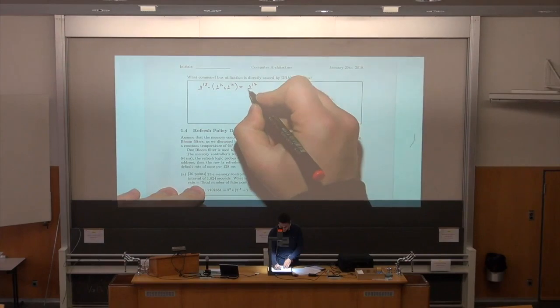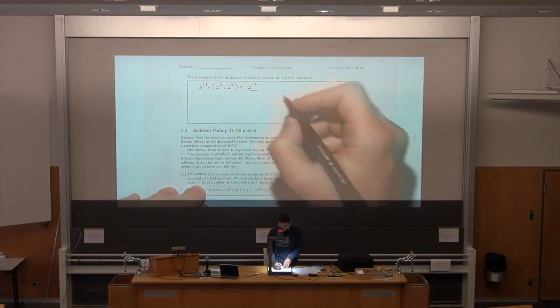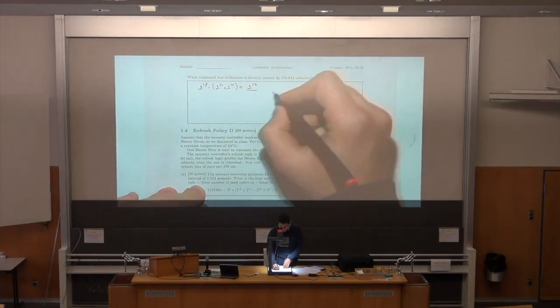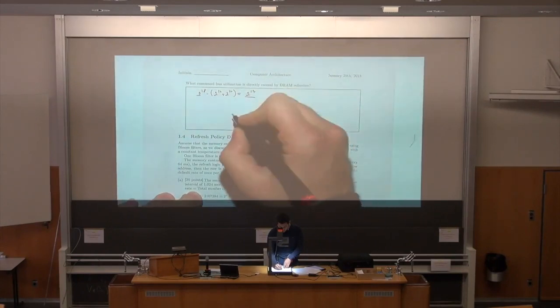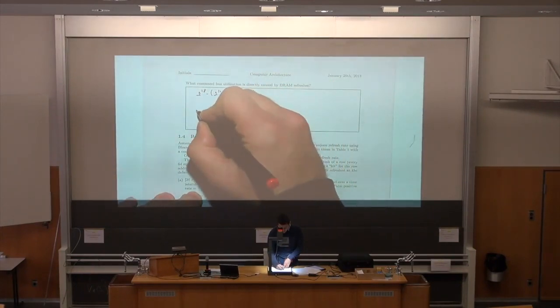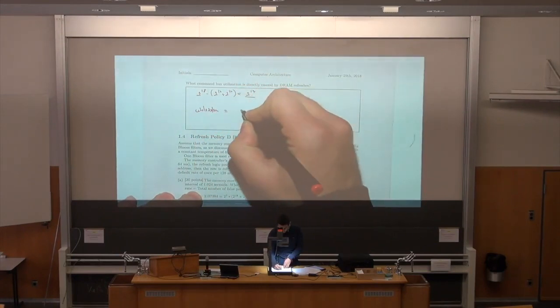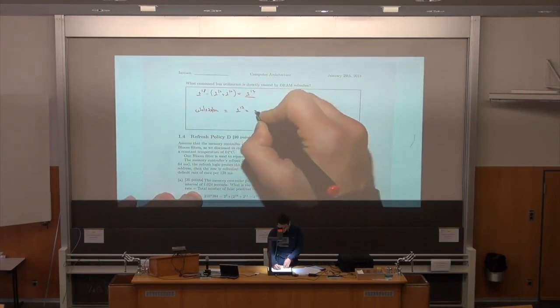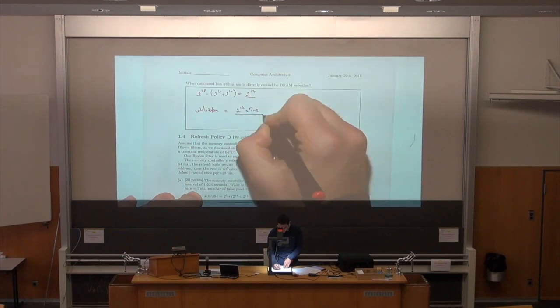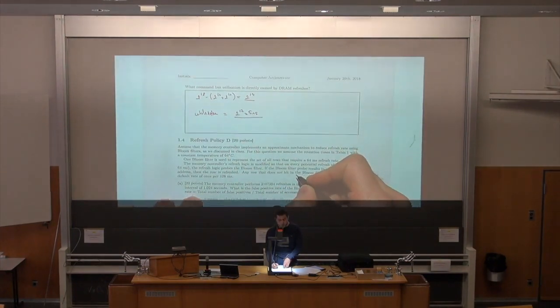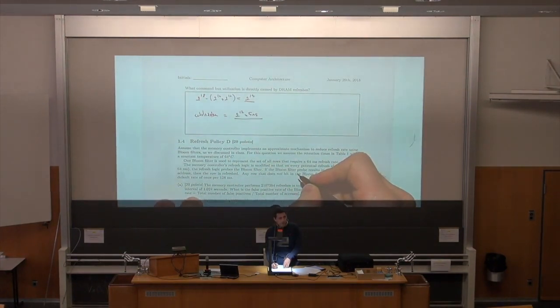So these are the number of rows that will be refreshed. And remember, the bus is kept busy for 5 nanoseconds, so the utilization will be 2^17 multiplied by 5 nanoseconds. So we need to divide it by the refresh interval.